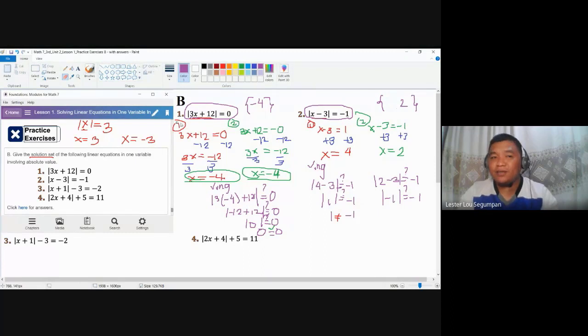Let's continue, by the way. The absolute value of negative 1 is not negative 1. The absolute value of negative 1 is a positive 1. And the other side is still negative 1. Again, they are not the same. And similar to the possible value of x, which is 4 earlier, 2 is also not a solution.